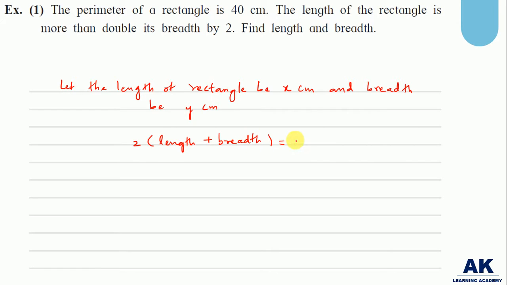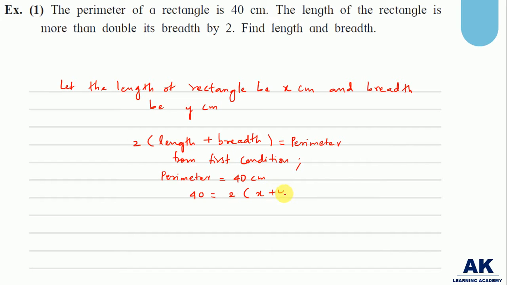From the first condition, the perimeter is equal to 40 centimeters. So 40 is equal to 2 times length, which is X, plus breadth, which is y.